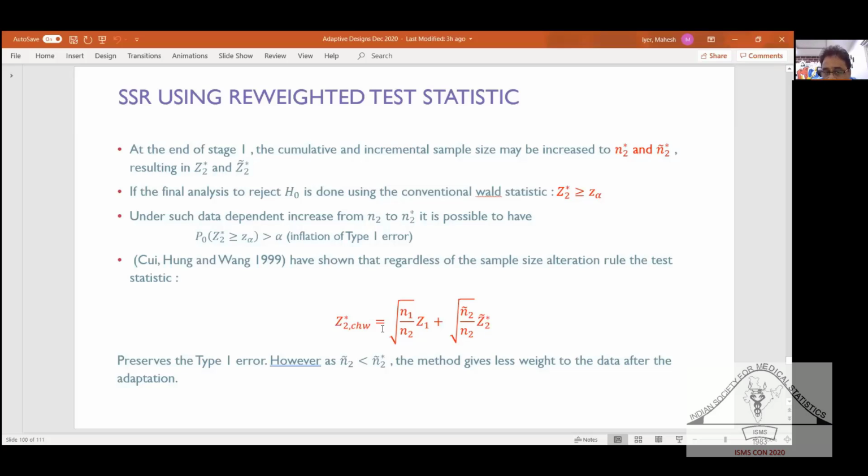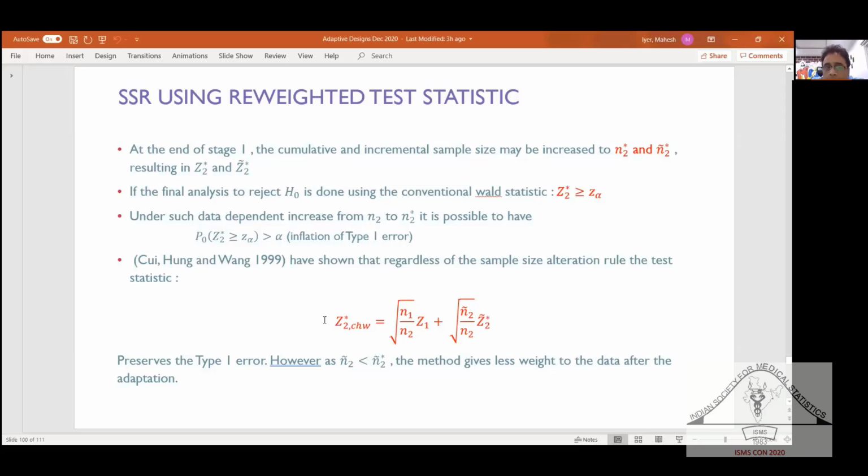But if we change it slightly, and instead of N2 star and N2 tilde star, we actually use N2 and N2 tilde, so we use the same weights as before. The only thing we changed was the test statistic: normally we would have used Z2 tilde, now we are using Z2 tilde star. If we use this, then this new test statistic controls the type 1 error. That is what they have shown.